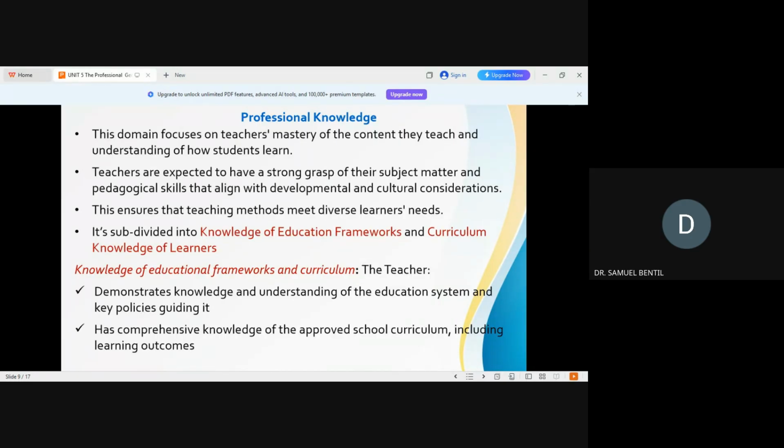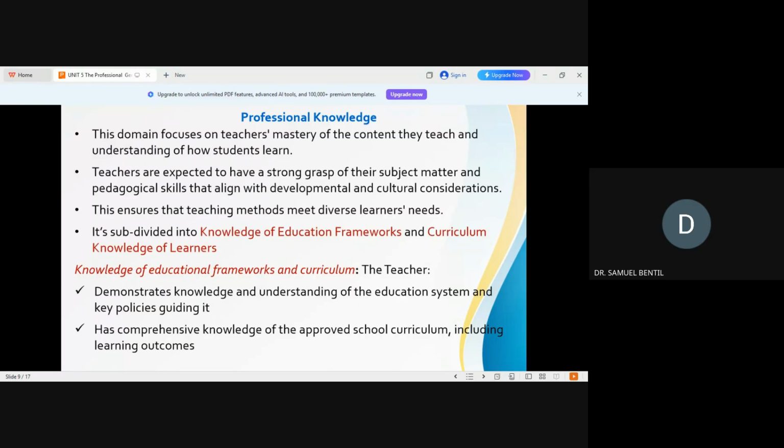This ensures that teaching methods meet diverse learners' needs. And under professional knowledge, we have two forms: the knowledge of educational framework and curriculum, and the knowledge of learners.